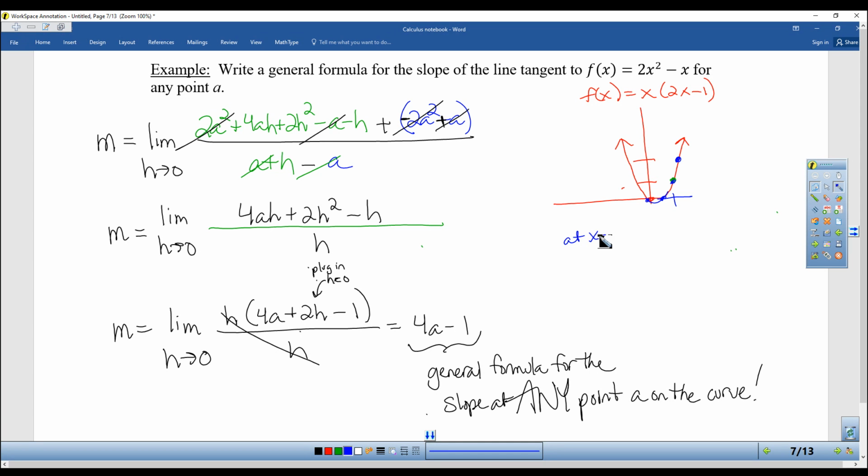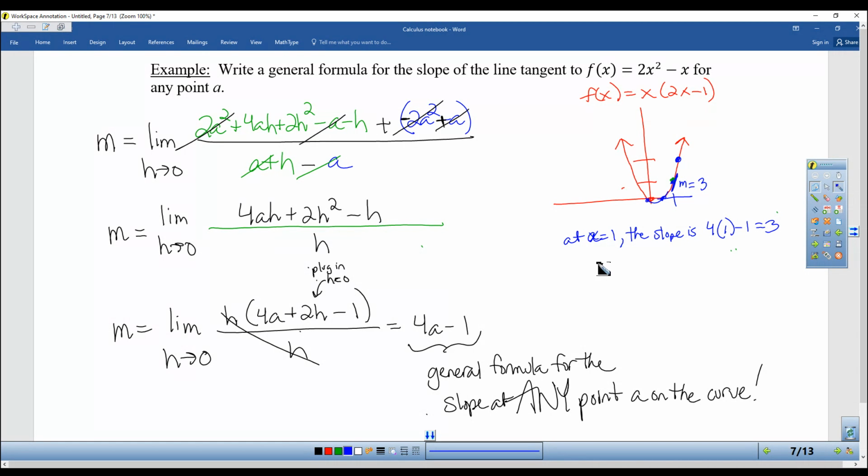So at x equals 1, the slope is 4 times, I know it says a, but meaning at any point a. So at a equals 1, if you want, 4 times 1 minus 1. The slope is equal to 3. Right there, slope is 3.